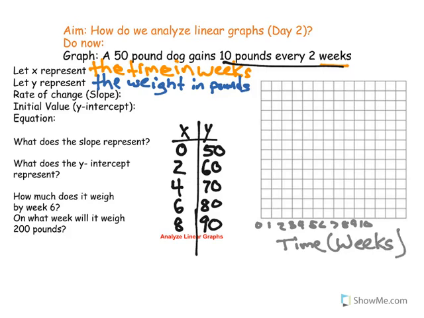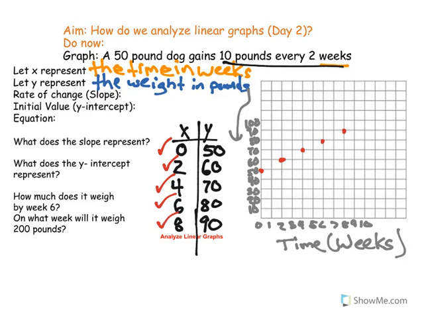And since my y values are increasing by 10, it's probably going to make sense for me to use 10s, even though there's going to be some blank values at the beginning. And that's going to be my weight in pounds. So I'm going to plot my first value, (0, 50), and then (2, 60), and then (4, 70), (6, 80), and (8, 90).